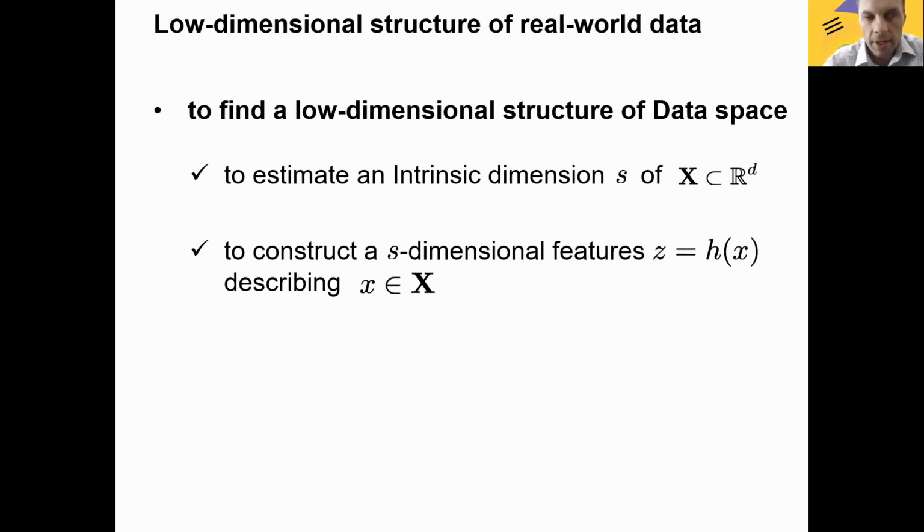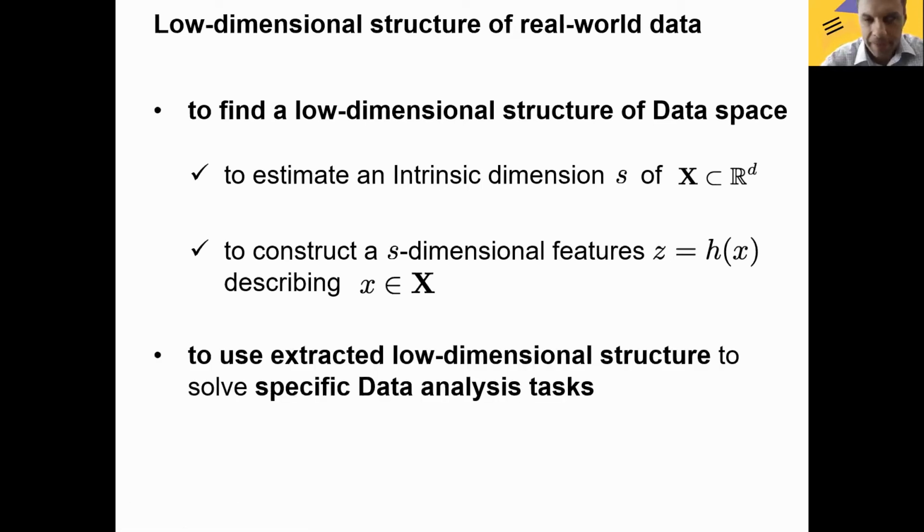The second thing, we would like to construct low dimensional features describing our data set with high accuracy. So that means that we would like to construct somehow the function h that can map any vector x into an s-dimensional parameter z, such that this z contains all information about the initial data set.